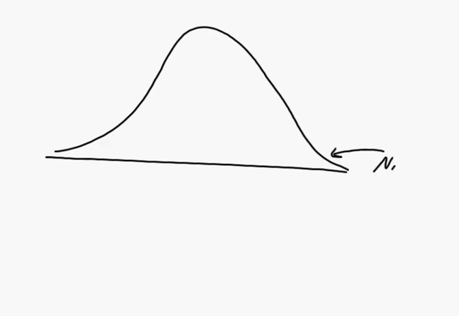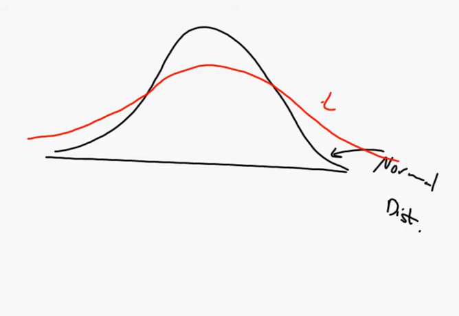Okay, not a great picture, but you'll have to tolerate it. That's the normal distribution. And the T distribution looks like this. It's a little bit wider and not quite as tall. So that's the T distribution. Now, I did tell you that the T distribution would change according to how big the sample size was.